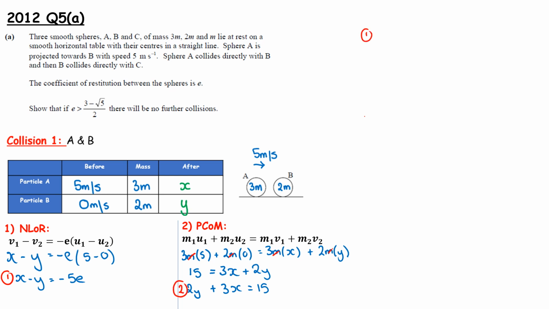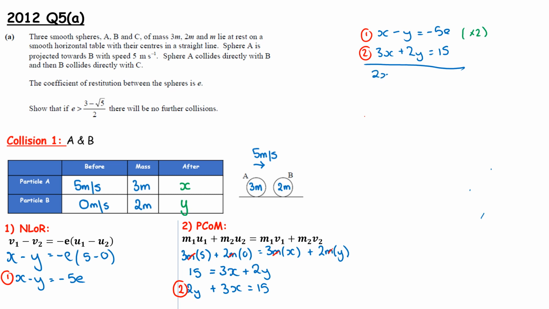So working with equation 1 and equation 2, we're going to do simultaneous equations to work out x and y. x minus y equals minus 5e, and I'm going to write the second as 3x plus 2y equals 15. So what I'm going to do is multiply the top line by 2, and that will allow us to eliminate the y's.